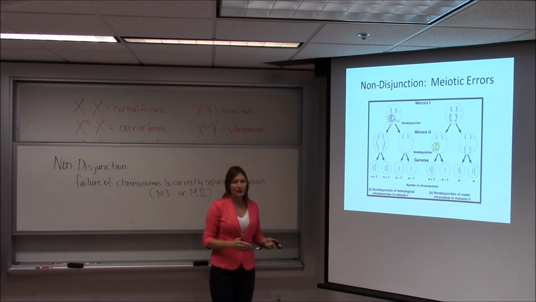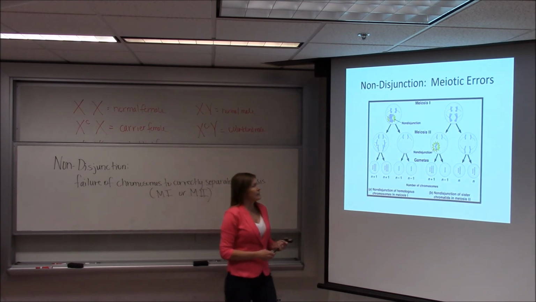Then every month, one of those egg cells will make it to maturity and will continue to go through meiosis as it's maturing. But females are born with all of their eggs already at some stage of meiosis. Males are constantly making sperm. Males can have non-disjunction occur also, but there's not a correlation with age. The chances of doing it at age 16 are the same as at 60.